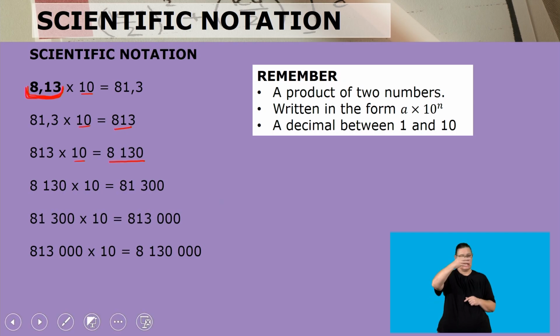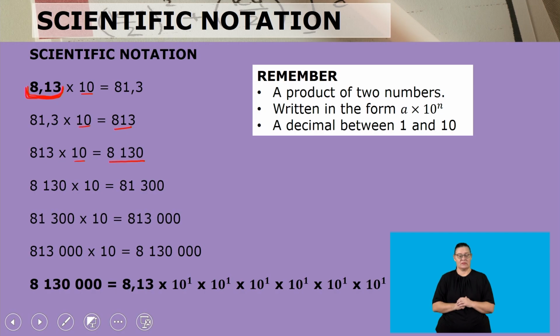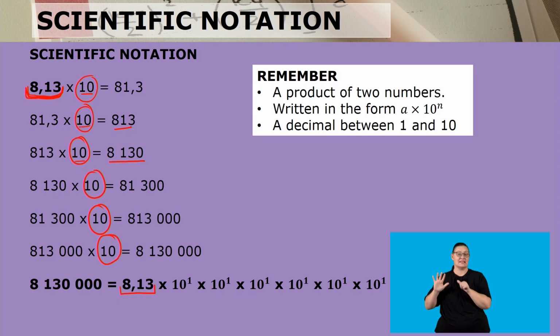So from that decimal value that we had to get to our 8,130,000, well, we took that 8,13 and we multiplied it by 1, 2, 3, 4, 5, and 6 tens. And as we can see there, 1, 2, 3, 4, 5, 6.